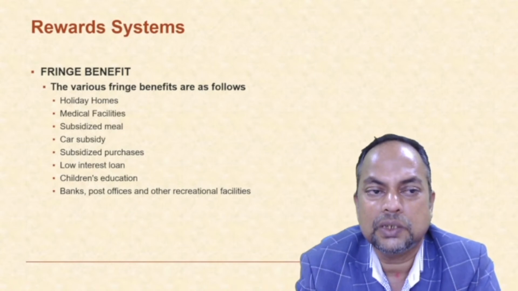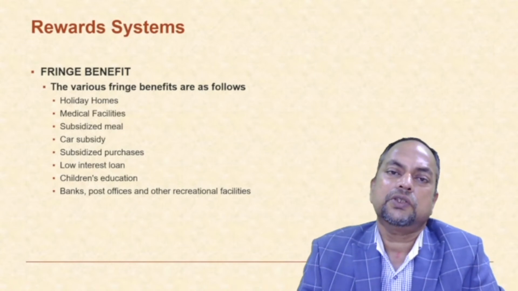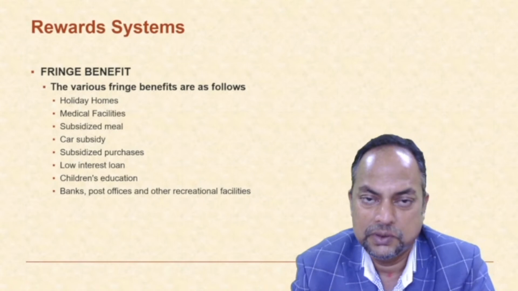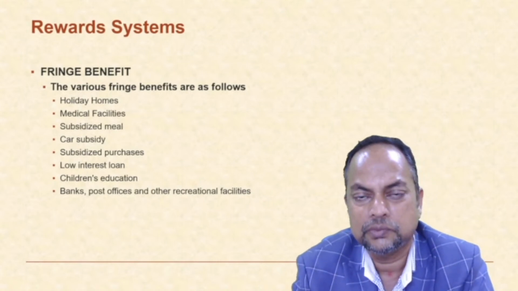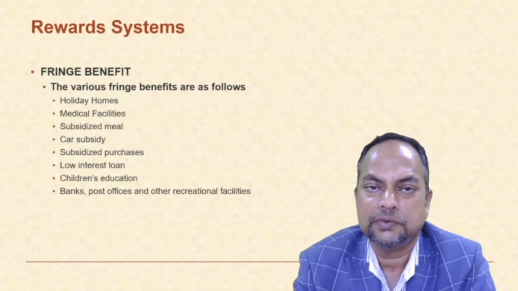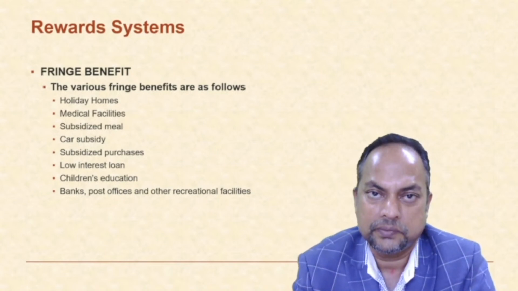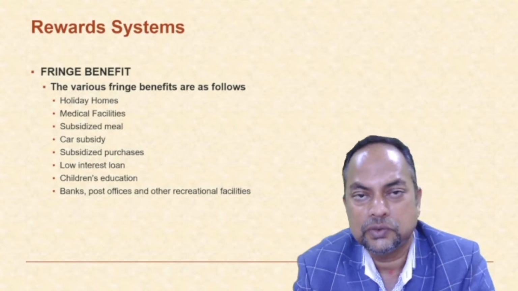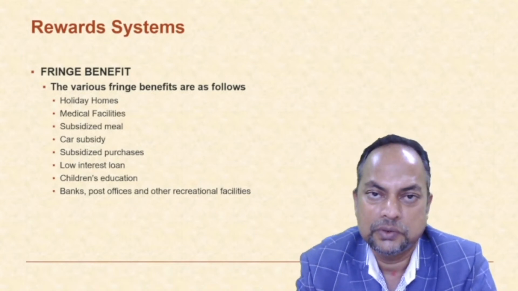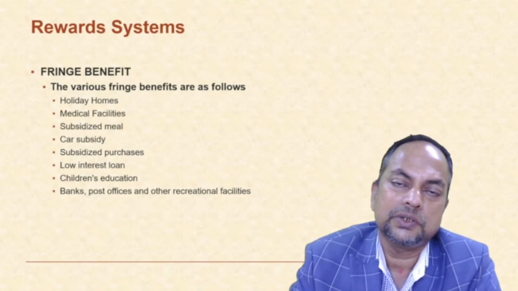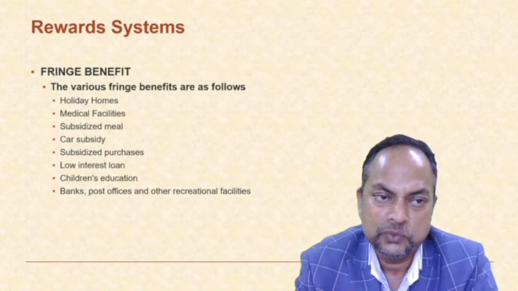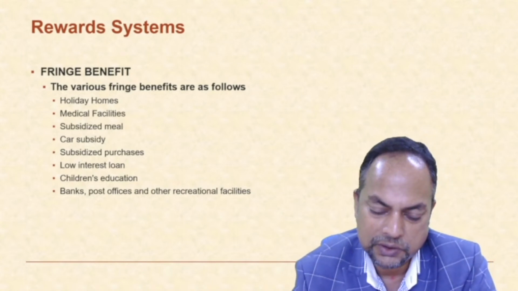So that is how we come out with the different sorts of benefits. These are a few such examples I have given. These are different benefits taken by the organizations to motivate their employees, to raise the level of enthusiasm among their employees. So that is fringe benefits.